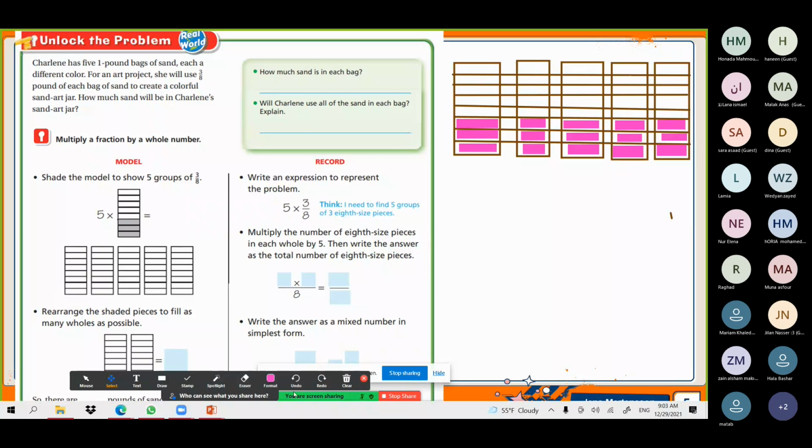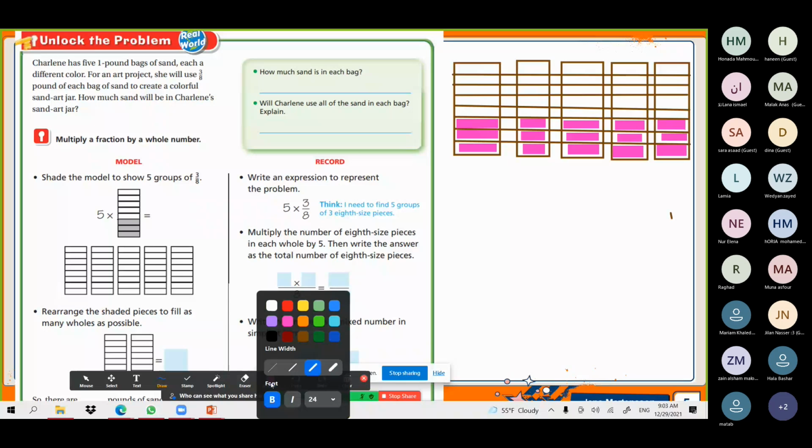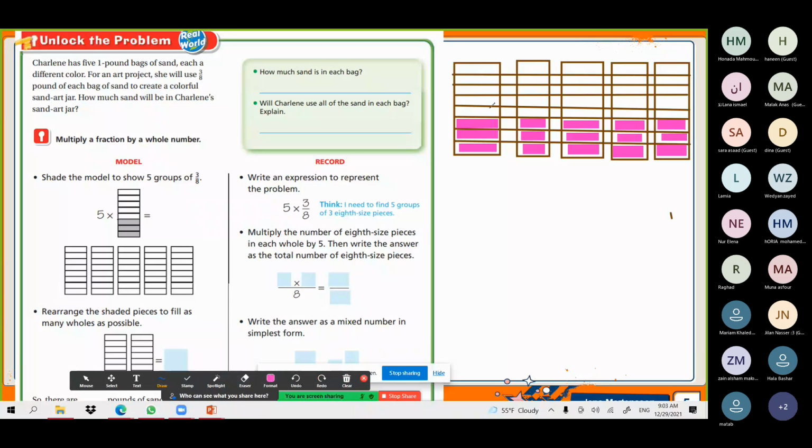So what did she do? She takes 3/8 from each one. So how will we multiply? We will count how many are pink.